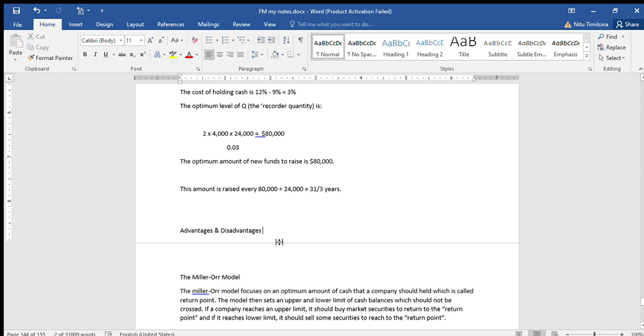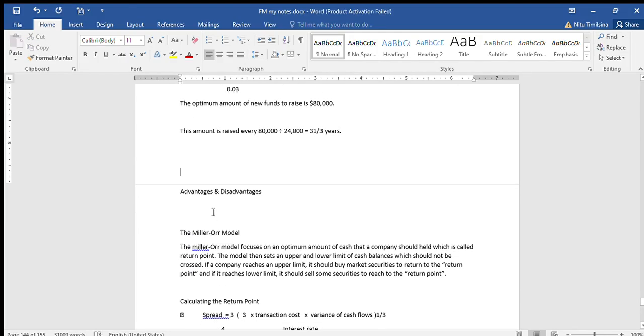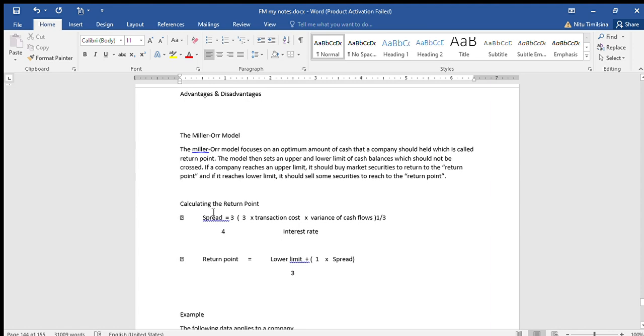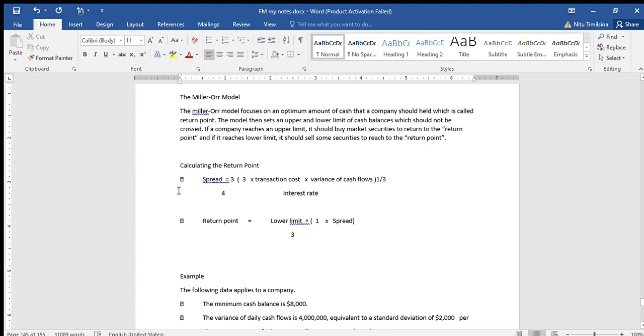Advantages and disadvantages. Miller-Orr model. The Miller-Orr model focuses on an optimum amount of cash that a company should hold, which is called the return point. The model then sets an upper limit and a lower limit of cash balance, which should not be crossed. If a company reaches the upper limit, it should buy marketable securities to return to the return point.